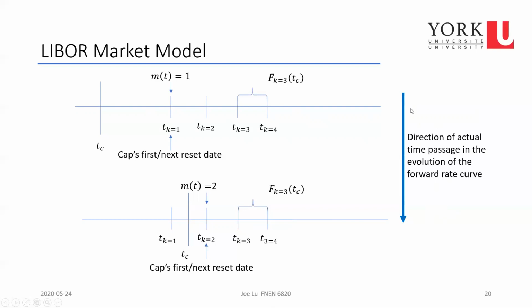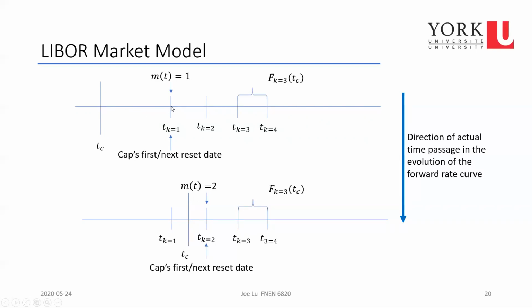It's the evolution of time. If you can imagine the entire curve moving from what you observe now to a future time point in the simulation. So you start here, so your current time is here.